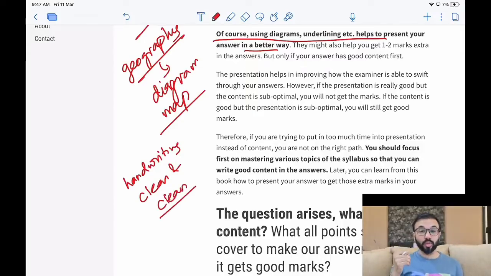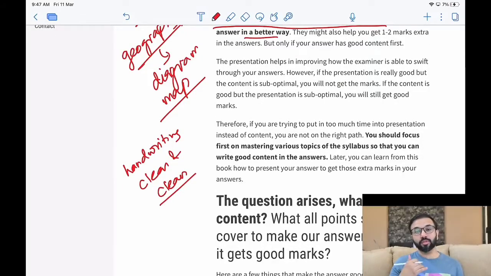And of course, if you're writing in paragraphs, I would suggest try to write in points, because points help the examiner to swift through your copy really fast. The faster the examiner is able to read your answers quickly, the more he's able to see that you are coming to the points, you are answering what is asked in the question, then the faster and easier it will be for that person to give you marks also.